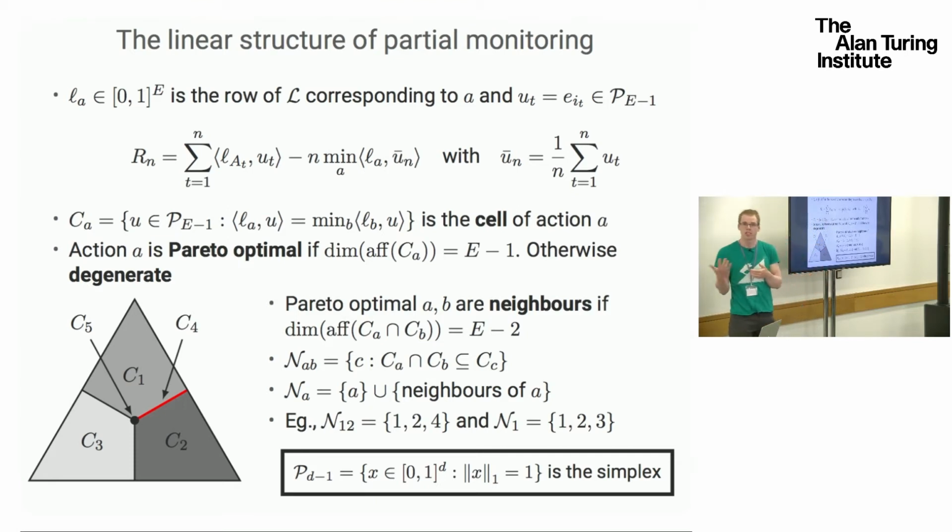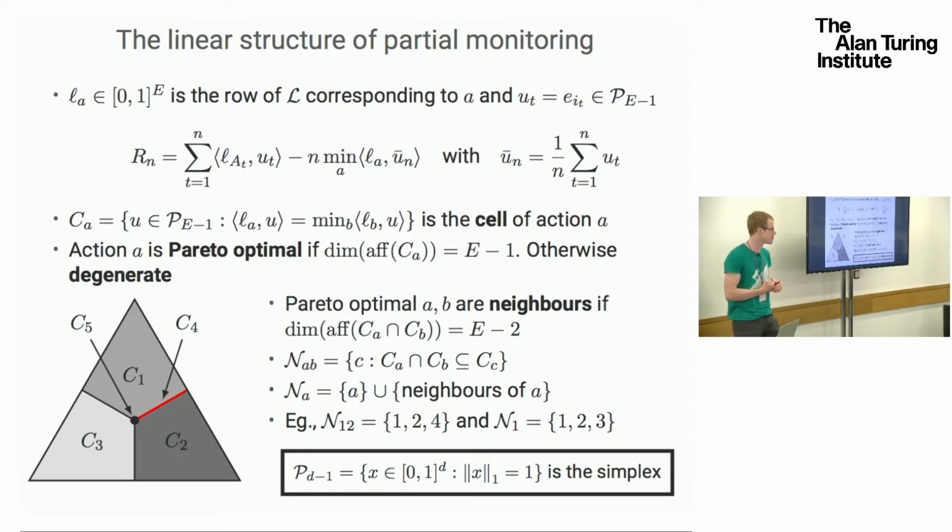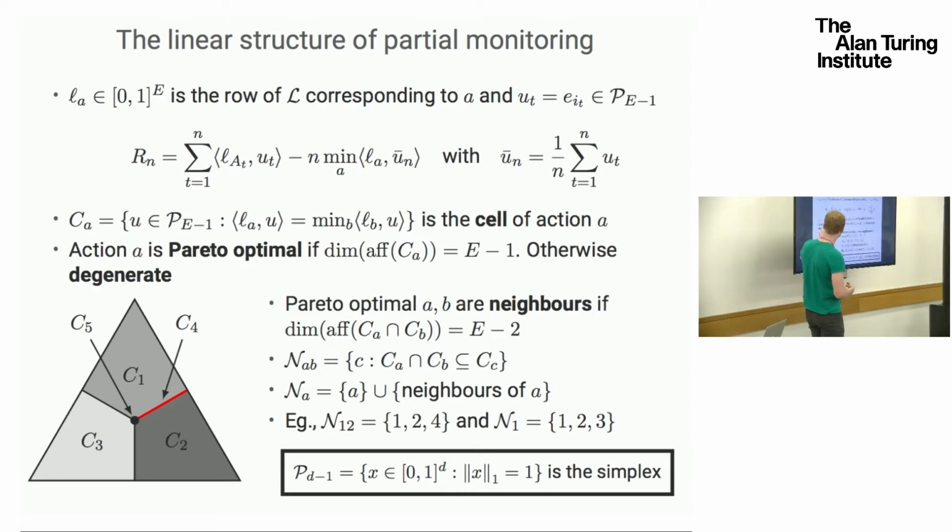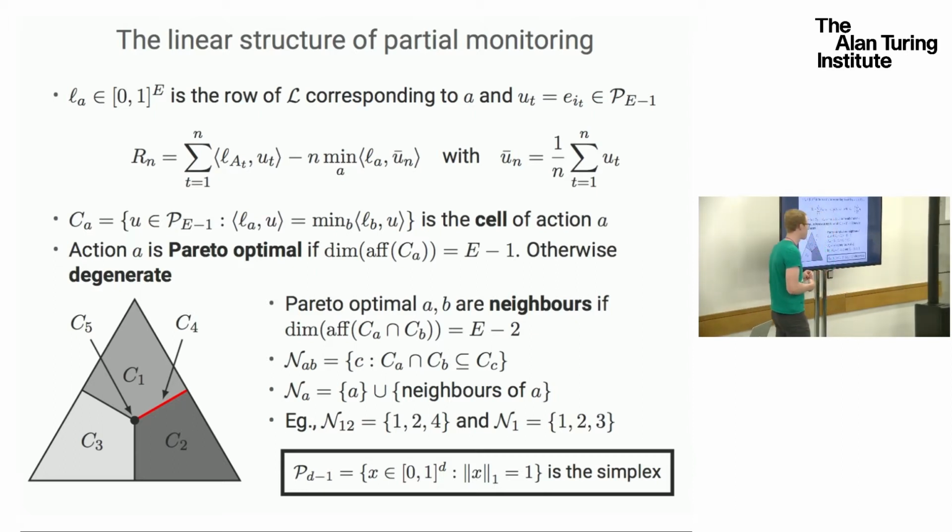And then we have the so-called degenerate actions, which is the one where the dimension is less. So for example, C4, this action is only optimal on some low-dimensional subspace, and C5 is optimal only at a single point here. And you can have actions that are optimal nowhere, and they're actually called dominated actions.